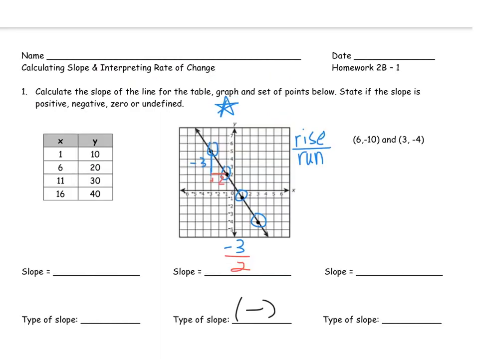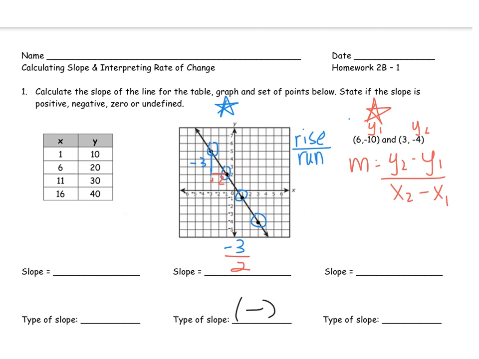So now I'm going to look at this one right here. I'm going to take my slope formula that we just wrote before. I'm going to identify what my y2 and my y1 are. So that's y1, y2.